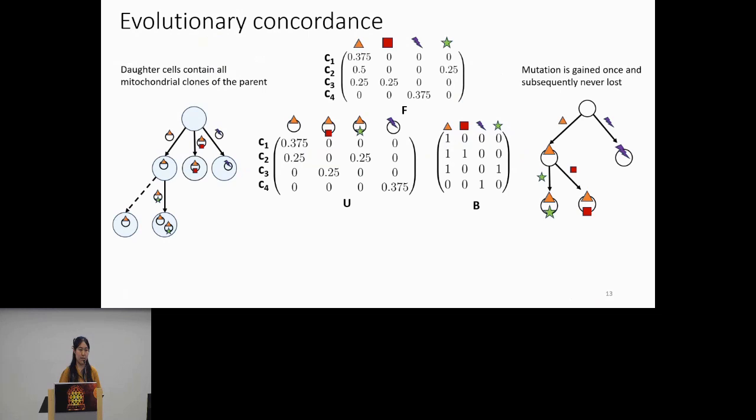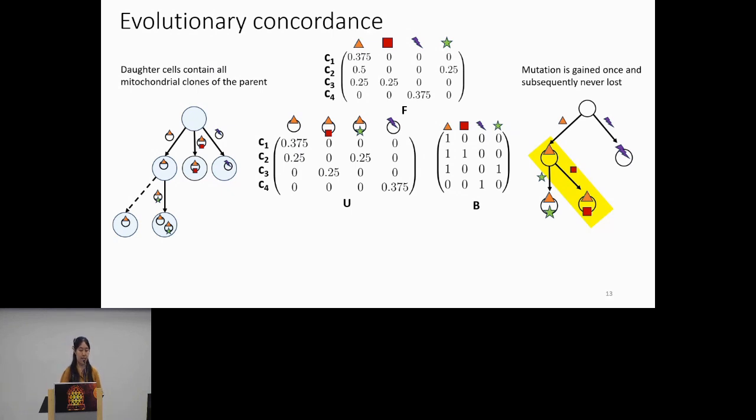To give a clearer picture, here's an example of one way of factorizing F equals U and B. And I claim that these two trees are not evolutionarily concordant. Why not? Here we have the mutation with a red square arising on top of the clone with the triangle mutation.